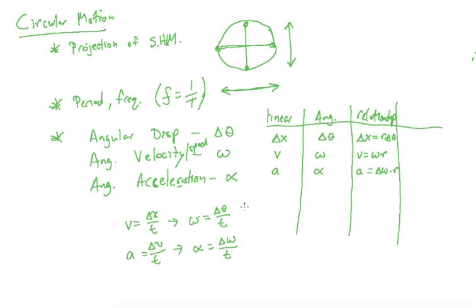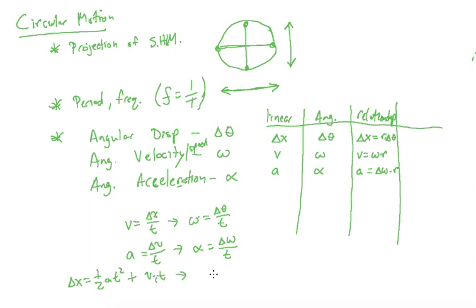You may have noticed that the equations for these were just simple substitutes. I just took out the linear version and replaced it with the angular version. Here, acceleration became alpha, v became omega. And actually that's true of any of the linear equations you know. This is a little extra, but say for example you had delta x equals 1/2 a t squared plus v_i t.